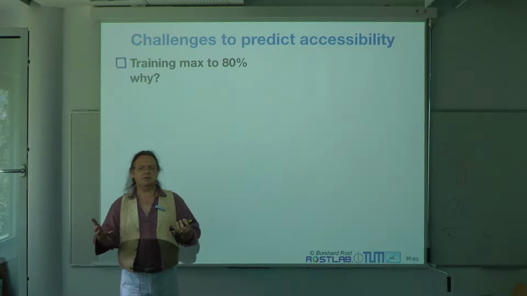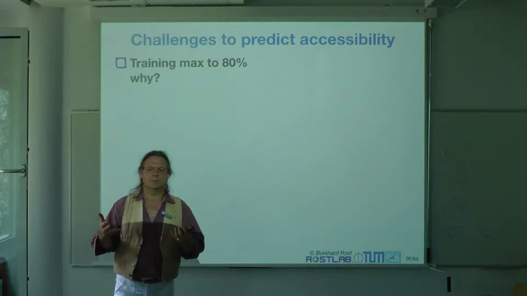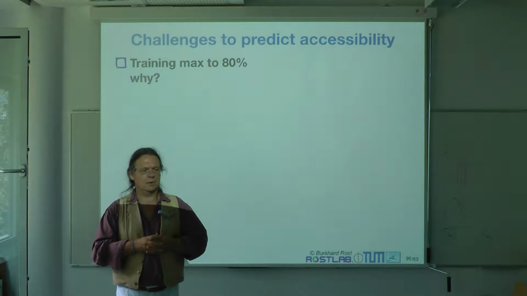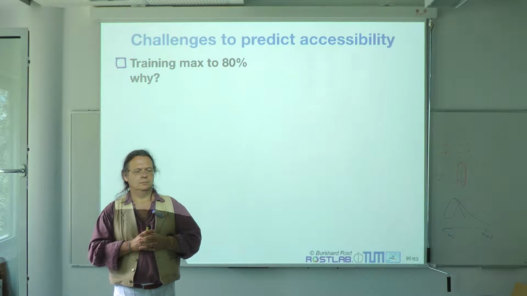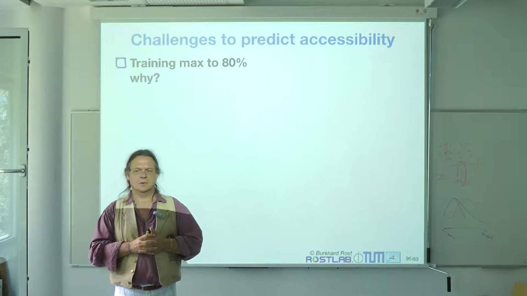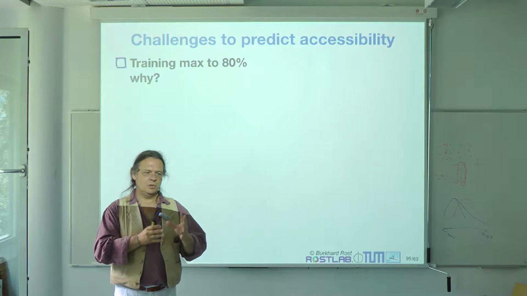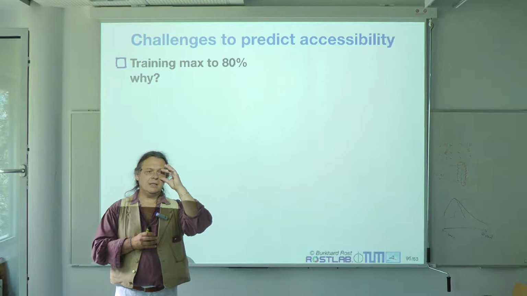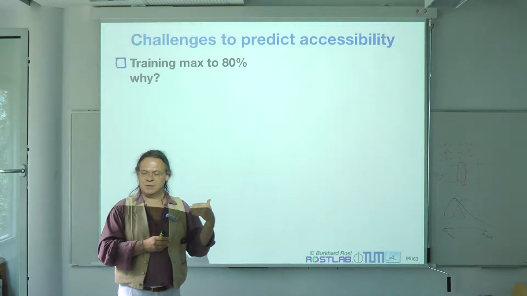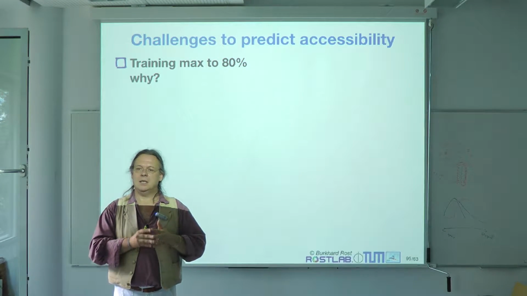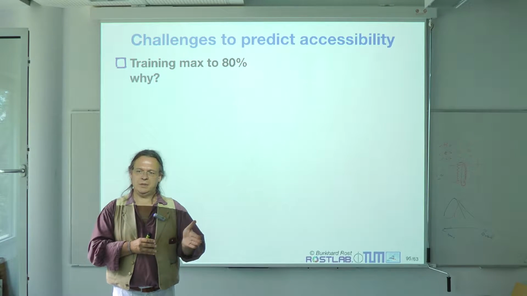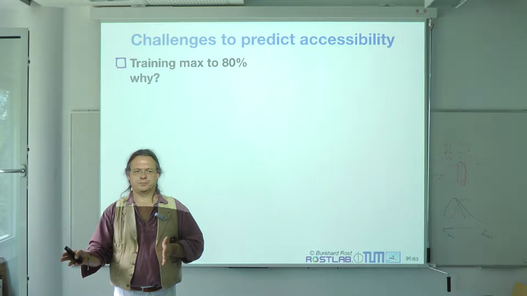How could that conflict arise? How could it happen that you have two possibly even identical input vectors, or very similar ones, yet one is classified as buried and the other one is exposed?